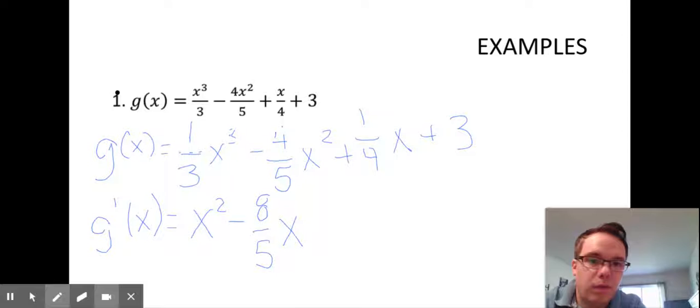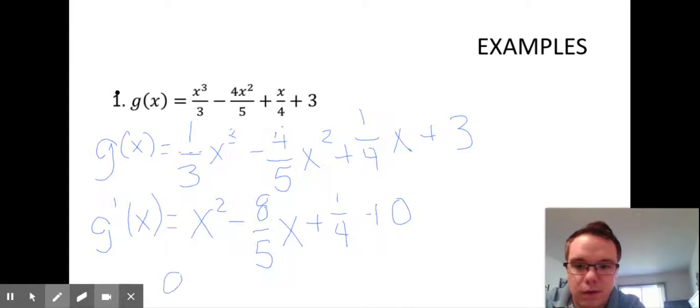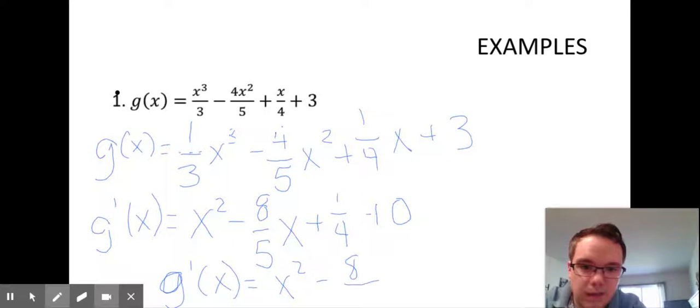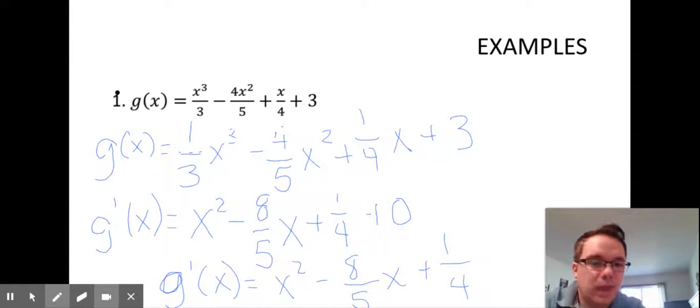And we'll have 1/4 times x. We learned our derivative of x today is 1, so 1/4 times 1 is 1/4. And our derivative of any constant is 0. So our derivative of g of x is x squared minus 8/5 x plus 1/4. Turning that division into coefficients that are fractions makes this easier, because you can multiply that fraction by the number that you're bringing down.